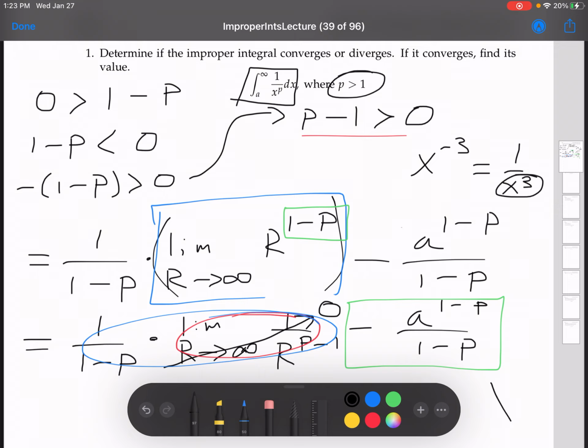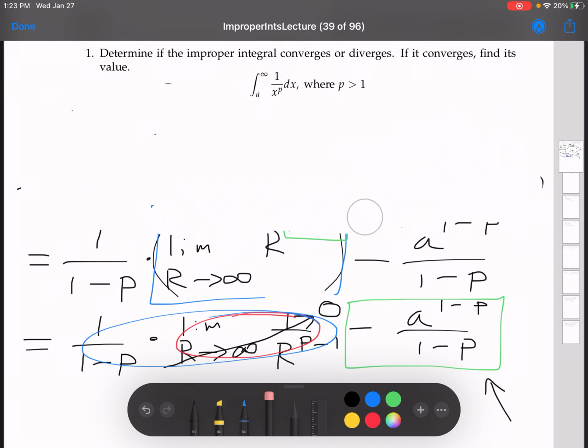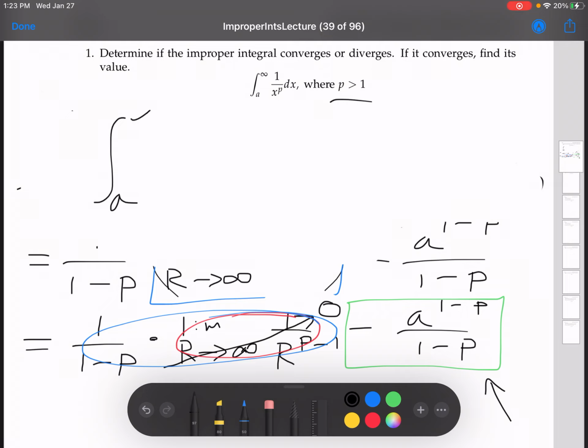We get that number. And so, assuming that p is bigger than 1, the integral from a to infinity of 1 over x to the p converges. And that's really what we need.